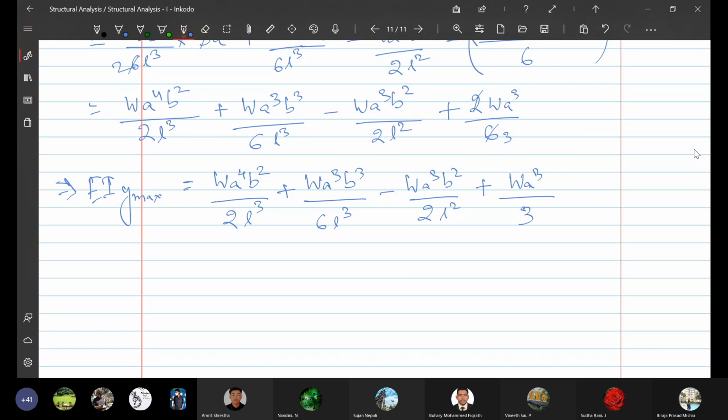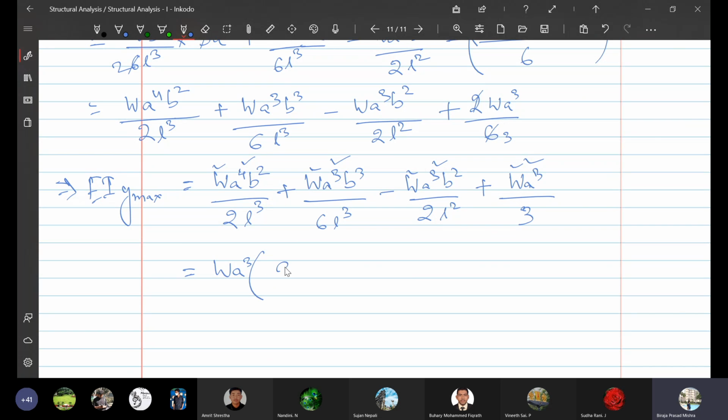Right? Now pay attention here. If I take a cube common, see here it is a to the power 4, it is a cube, a cube, a cube. If I take w also common, let me take w a cube common.